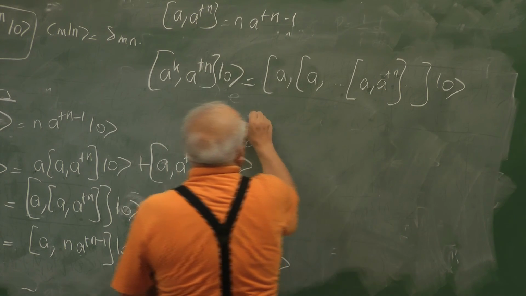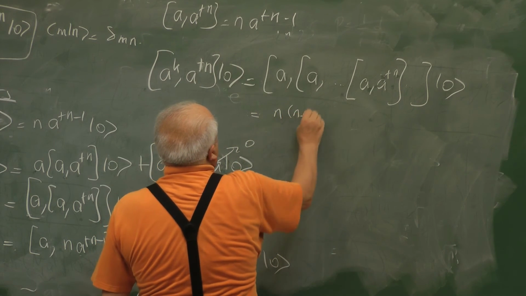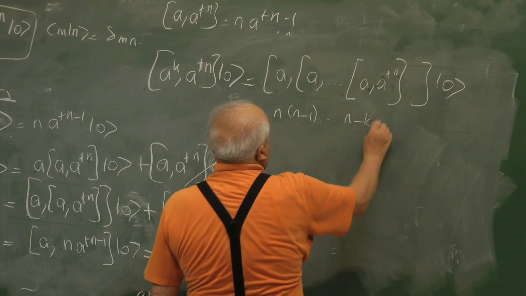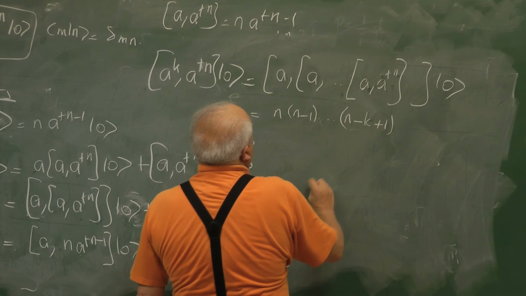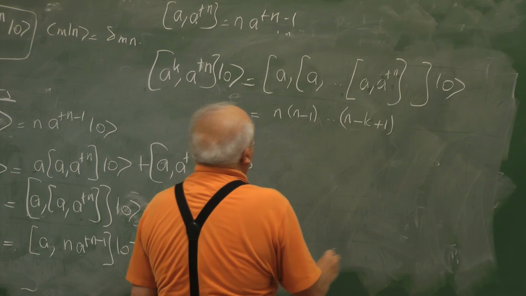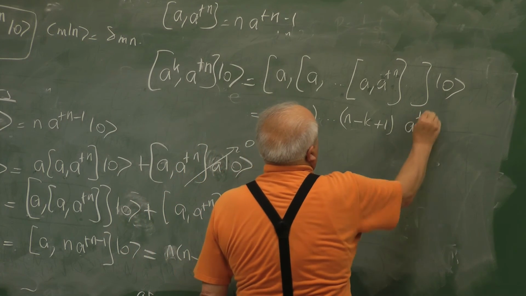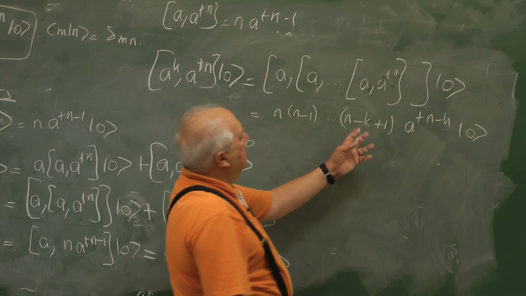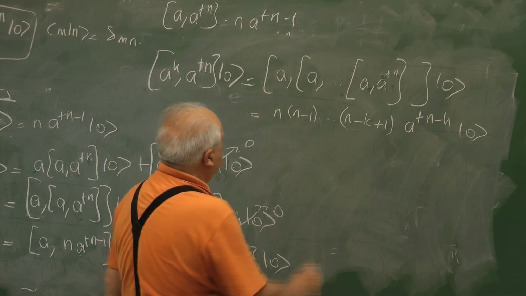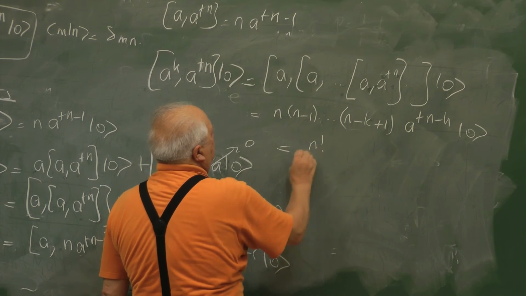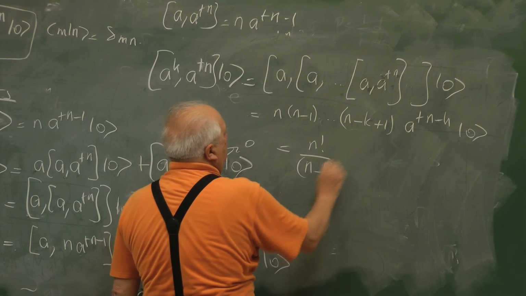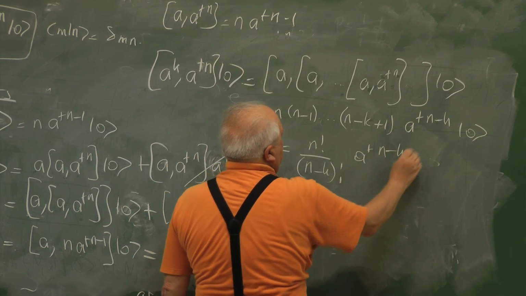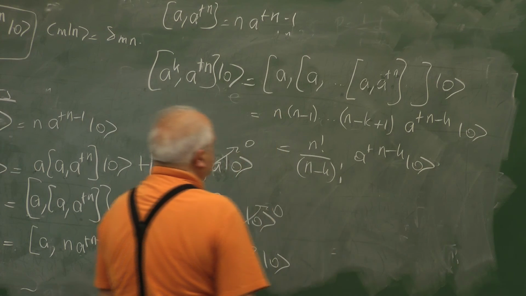So this is n times n minus 1 up to n minus k plus 1 times a dagger n minus k, 0. You can multiply by n minus k factorial and divide by n minus k factorial. So it is n factorial over n minus k factorial, a dagger n minus k, 0.